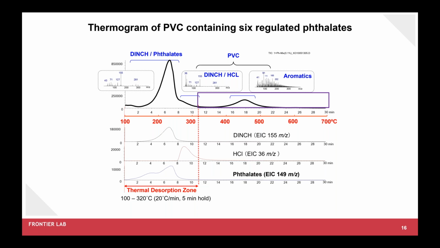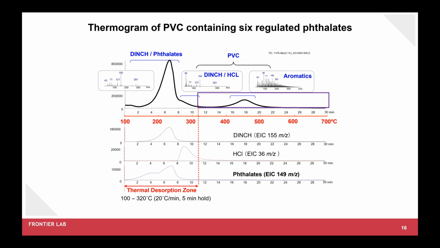Extracted ion chromatograms, or EIC, are also used to identify the thermal zone over which the phthalates evolved from the EGA thermogram. As we all know, ion 149, which is common to all of the phthalates of interest, was used here to identify the phthalates envelope.